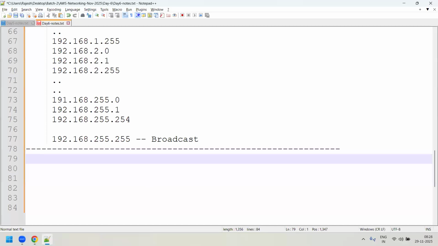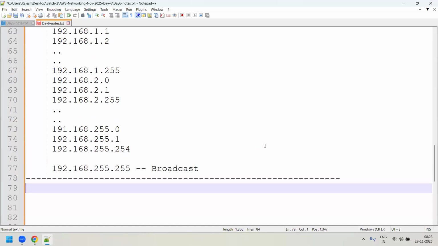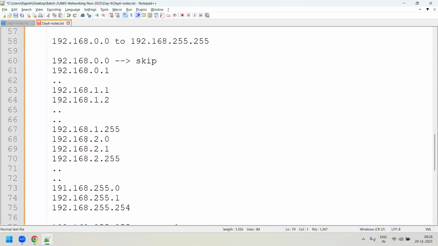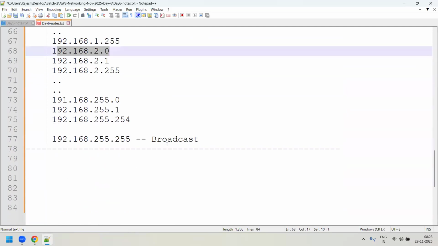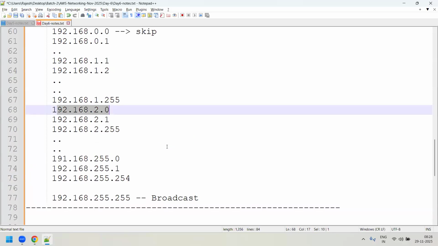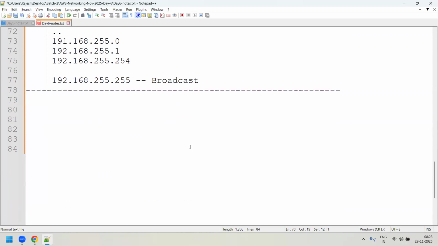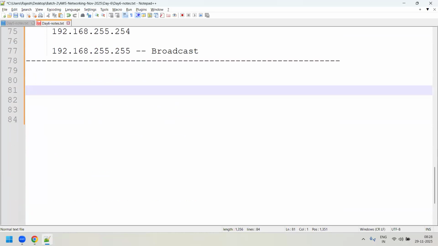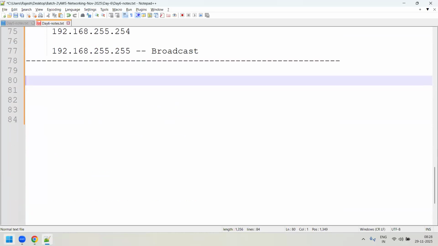In some questions, we also have to skip 1.0, 2.0, 3.0, 4.0, 5.0, and 255 as well. Why do we have to skip that?